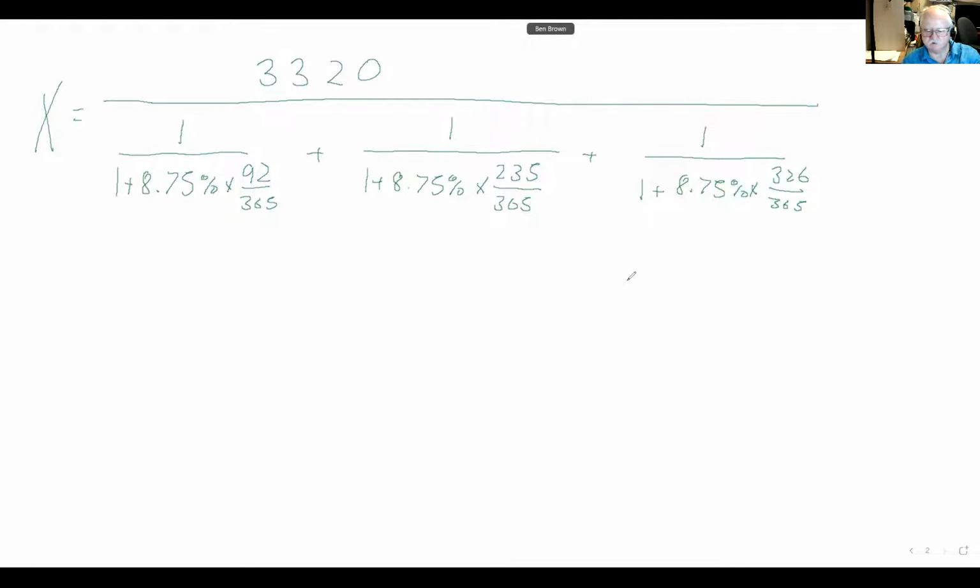Now, what I do is I solve these sums down here and I store them. So I'll start down here, 92 divided by 365 times 8.75% plus 1. And so I get 1 over something, but I want to flip it into the numerator. So I'll go 1 over x. And I'll store that in register 1.